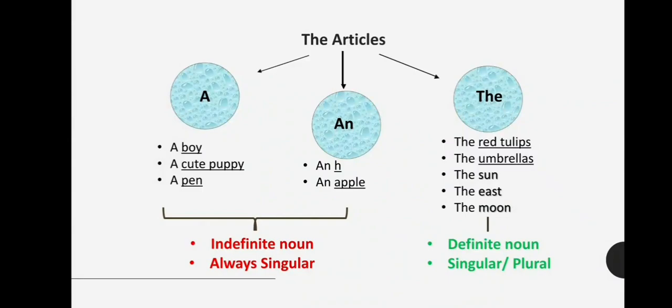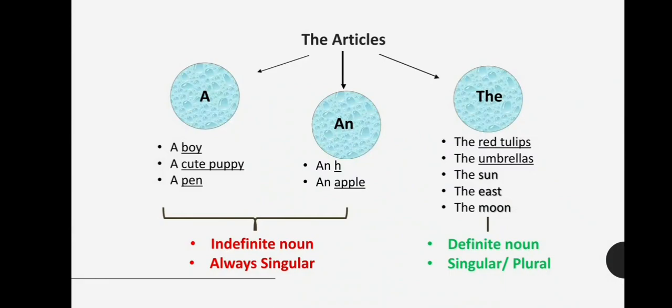When we talk about an, we use an H, an apple. Now, all these five nouns are singular. When we talk about the red tulips, the umbrellas, we see the plurals, right? Next is the sun, the east, the moon.